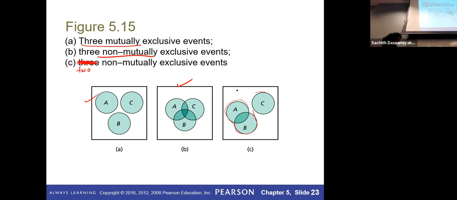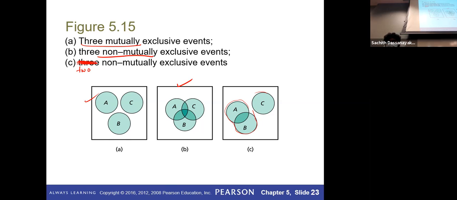So C and that part AB are mutually exclusive events. There are no three non-mutually exclusive events here, but don't worry, we don't ask how many mutually exclusive events, something like that.